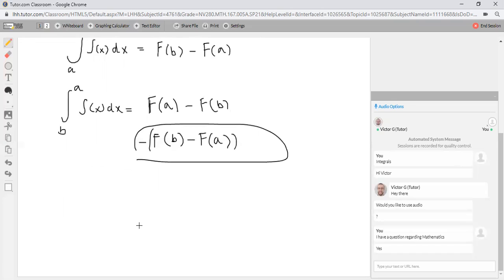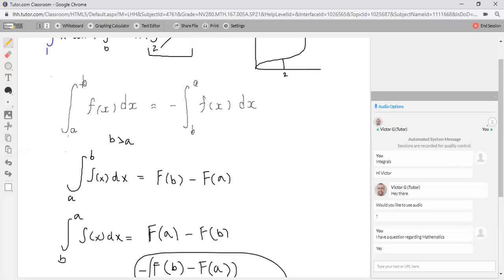Yeah, that's correct. I just couldn't think about it at the time. But that's why when we switch, we get a negative, because of the fundamental theorem of calculus. Absolutely. So I think we can erase all of this stuff here and then return to the question.